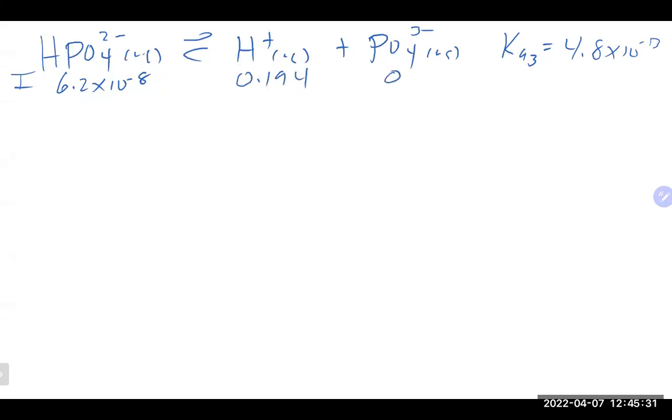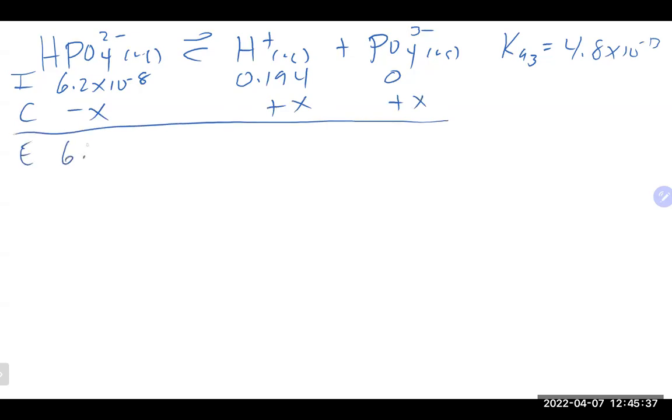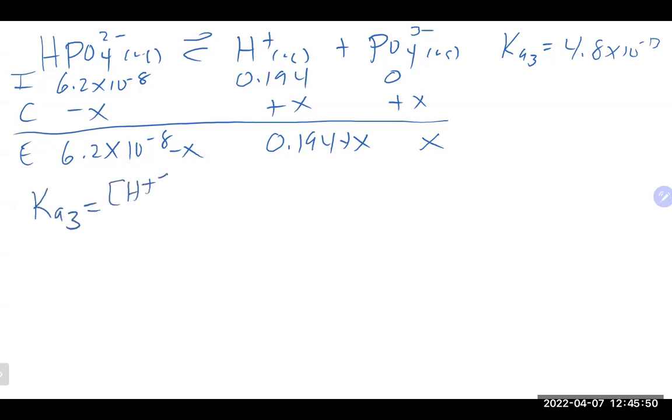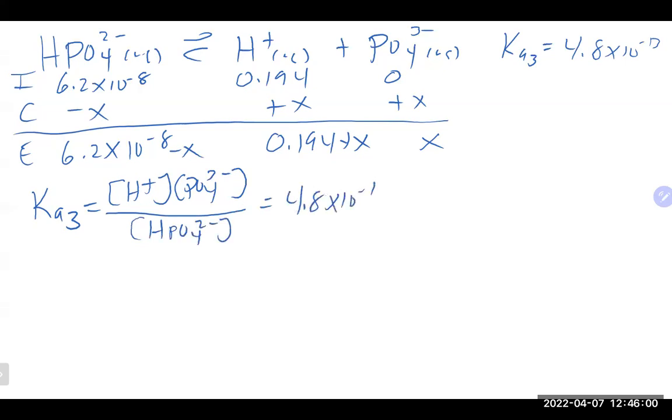And this would be 0. Again, now we're going to do minus x, plus x, plus x, going to get us to 6.2 times 10 to the minus 8 minus x, 0.194 plus x, and x going into our Ka3 expression here, our H plus, our phosphate, our HPO4 2 minus, 4.8 times 10 to the minus 13.